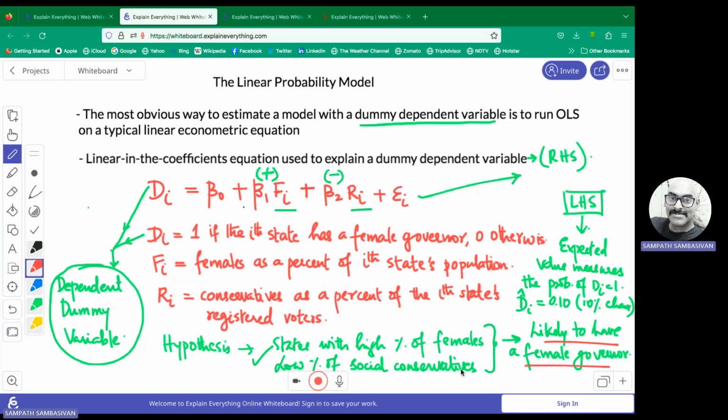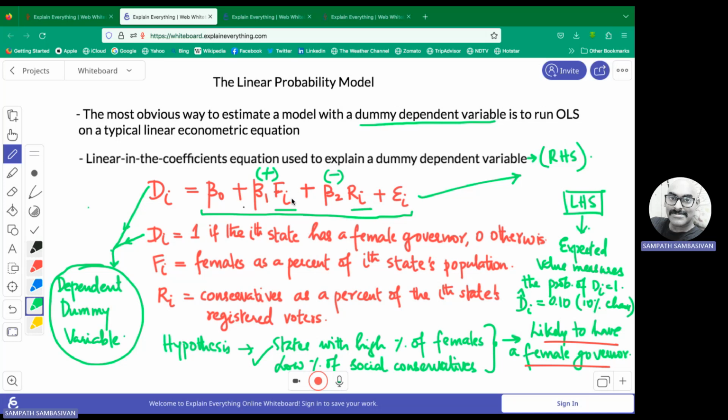Okay. So here, if you look at the right-hand side of this equation, let me use a different color. If we just take into consideration the right-hand side of this equation, you can see that all of these coefficients are linear in nature.